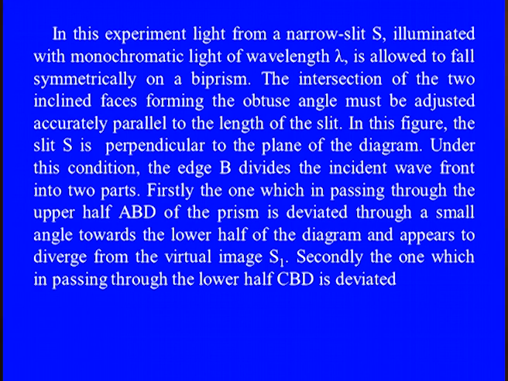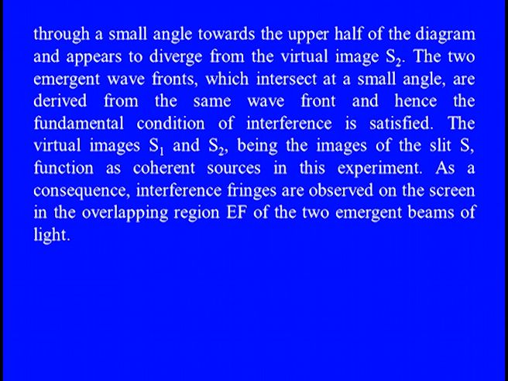Firstly, the one which in passing through the upper half ABD of the prism is deviated through a small angle toward the lower half of the diagram and appears to diverge from the virtual image S1. Secondly, the one which in passing through the lower half CBD is deviated through a small angle toward the upper half of the diagram and appears to diverge from the virtual image S2.